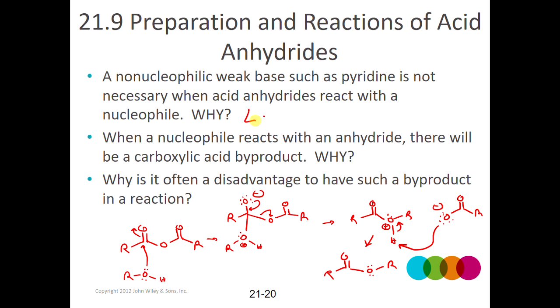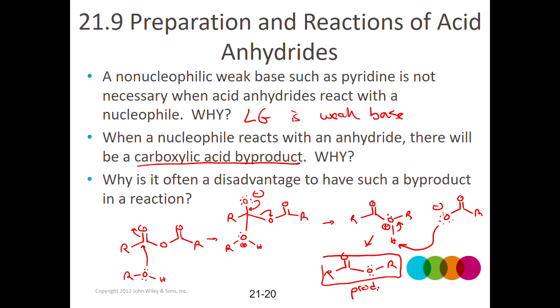So the answer there is the leaving group is a weak base, and so it takes the place of the pyridine, which we don't need to add. And that means there'll be a carboxylic acid byproduct, which is a disadvantage, right? So it's nice to have this here because when it picks off the proton, it stabilizes the product.